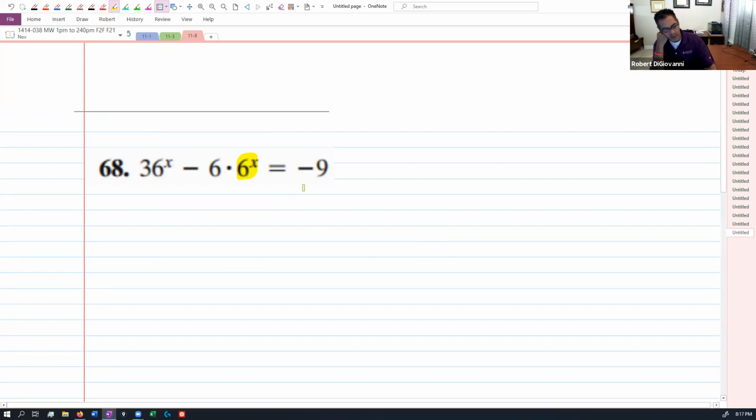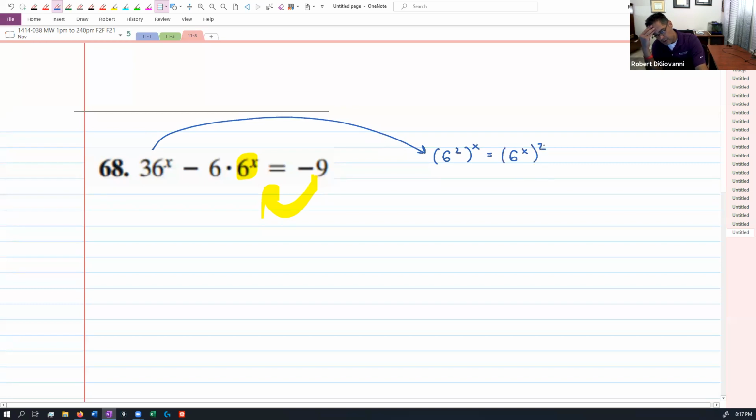And then also, I'll move the 9 over as a plus 9 and make it equal 0. But I've got to rewrite that 36 to the x as a 6 to the x somehow. So 36 is 6 squared, so 36 to the x, I can rewrite as 6 to the x squared. That's the same principle as last time. This becomes 2x, which is the same as x times 2, so I can flip it back.